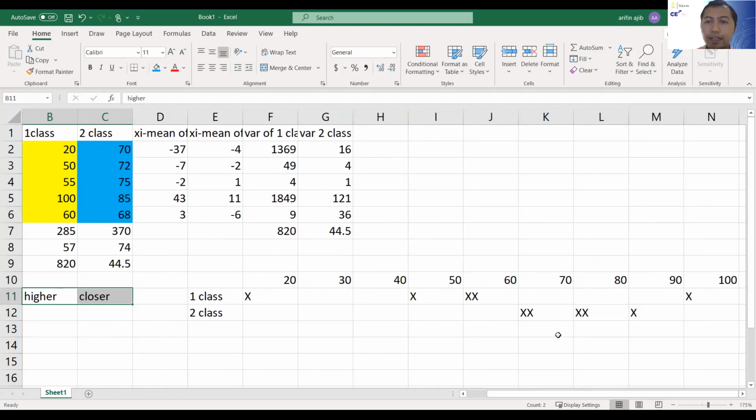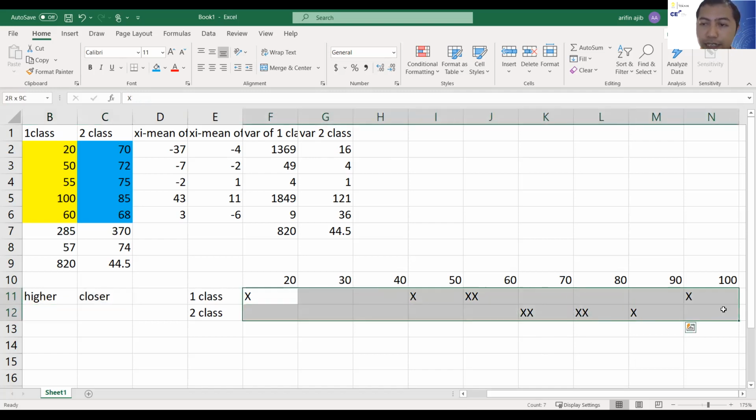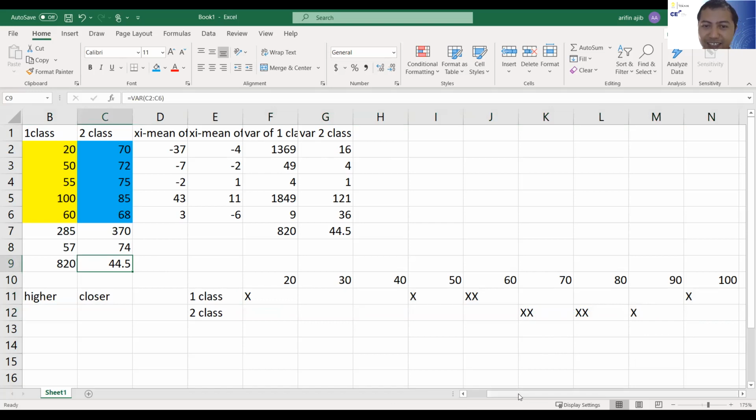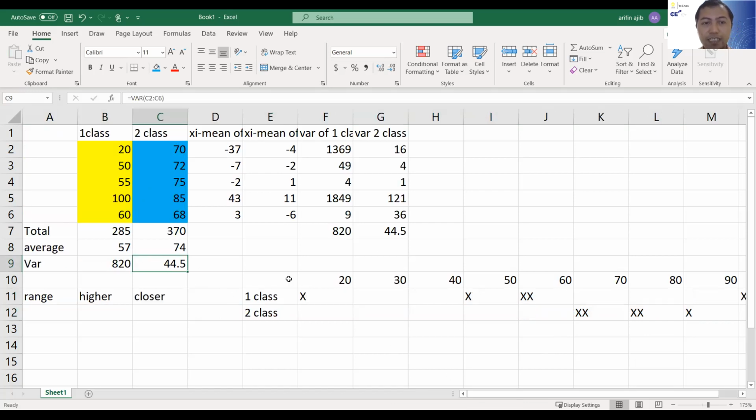This kind of behavior, the data distribution, we can measure by the variance. For a wider range, the variance is larger. But if the range of the data is closer, the variance is also smaller.